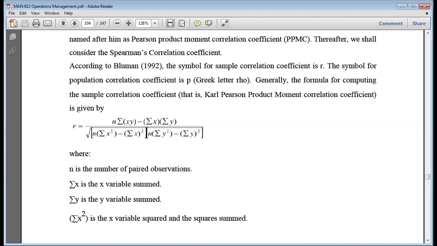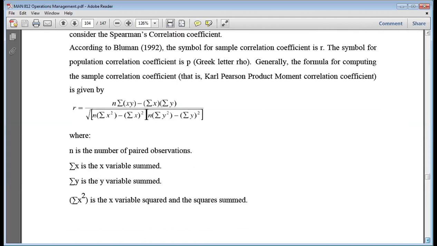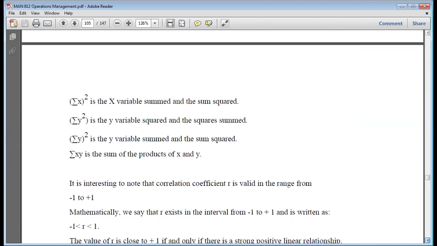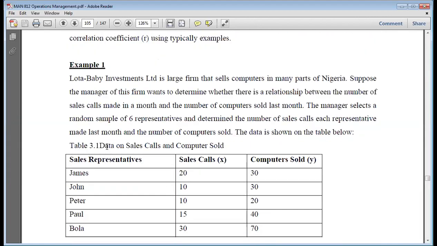So assuming you are given this question now, let me not read it because you are seeing it. These are sales representatives: James, John, Peter, Paul, Bola. X is the cell calls, and Y is the computers sold.